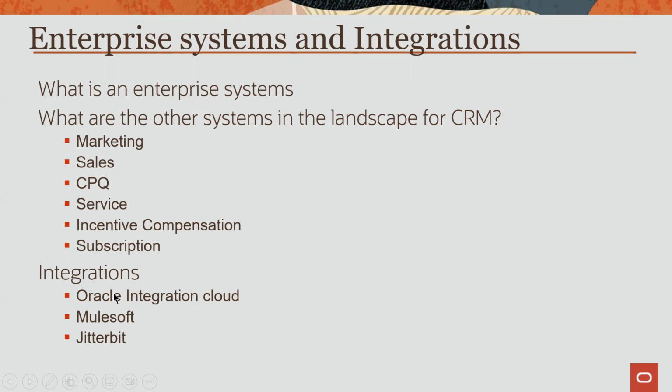Not only website to enterprise system, it can be anything. To connect two different systems, we can use integrations. It can be HCM. Suppose you are using CRM as Oracle Sales Cloud, but your ERP is some SAP.